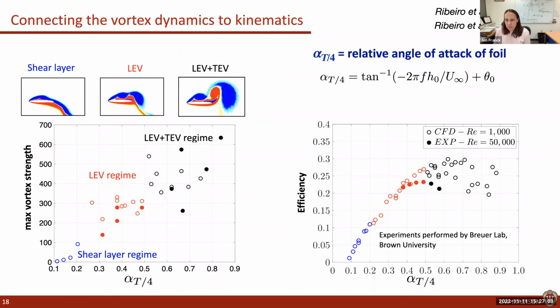So the relative angle of attack is the angle of attack the foil sees at a specific point. So we picked this maximum power generation point. So that's halfway up the heave stroke. What is the relative angle of attack? And we use that as a characteristic of the specific simulation or experiment.